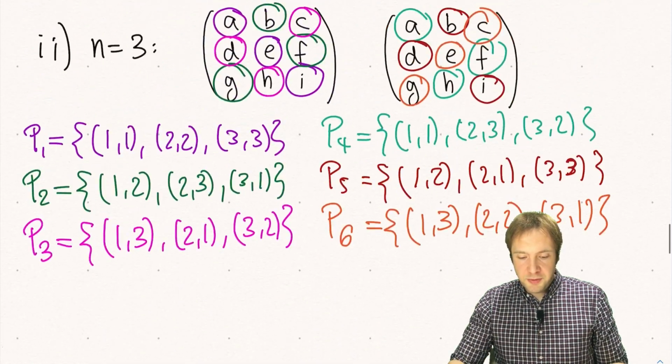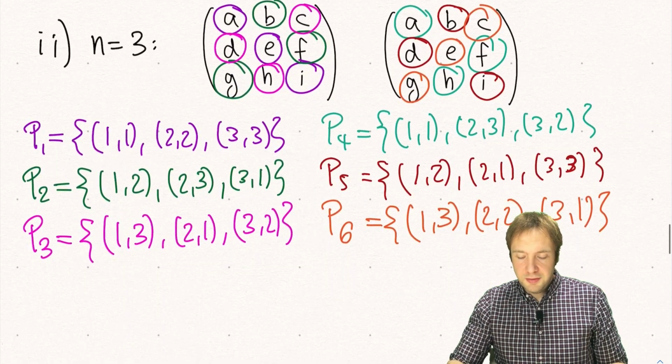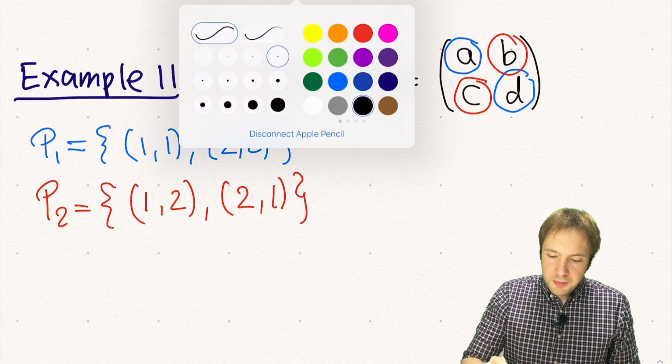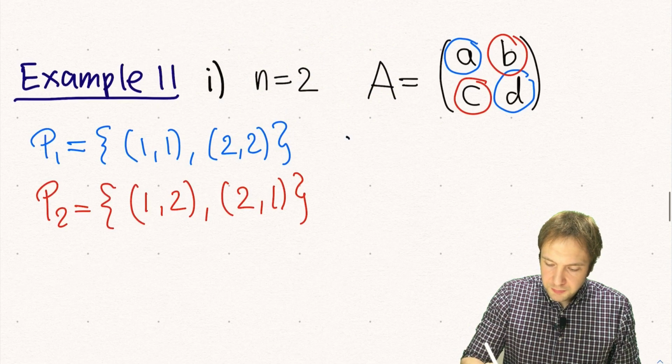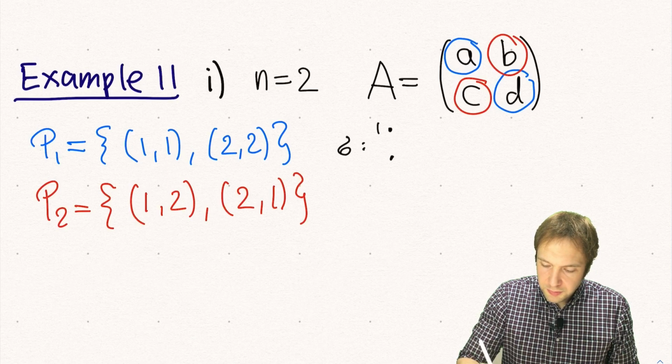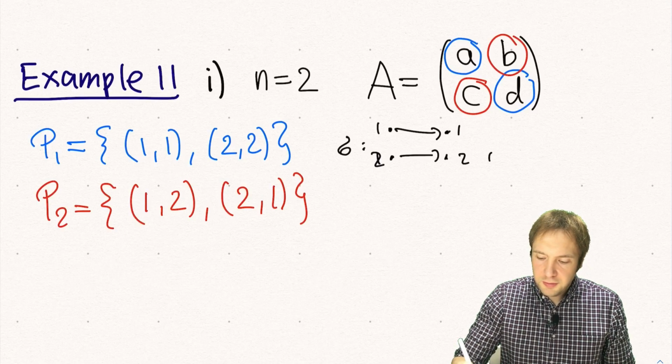And in general, if you look at these examples, or maybe first let's do this one. Let's draw the sigma. So 1, 2, 1, 2. So here this is just this, so no crossings.